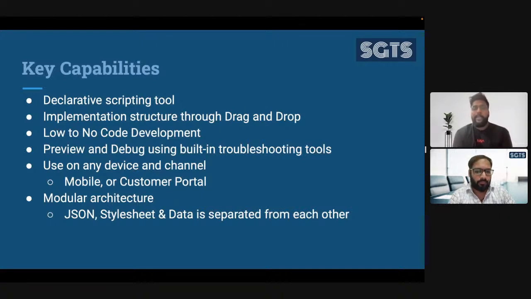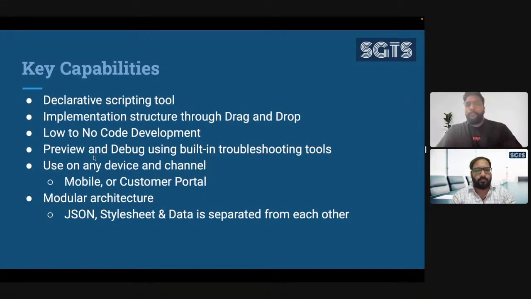If you are building an LWC, you must have knowledge of HTML, JavaScript, CSS, Apex, and all these things, right? But if you are building some sort of OmniScript, then you don't need to know what HTML is, or how JavaScript works. This is all UI drag and drop components. So, as the third point says, low to no code development.